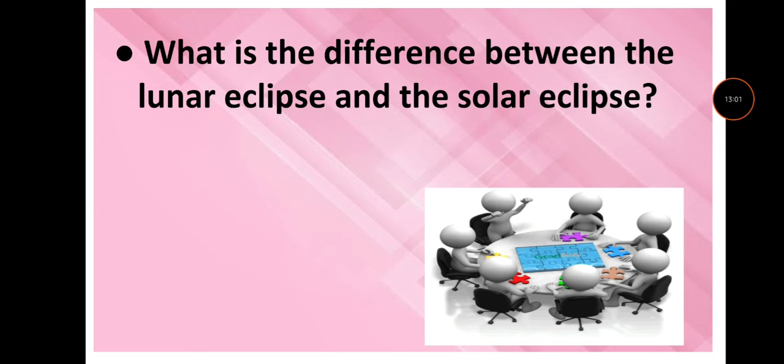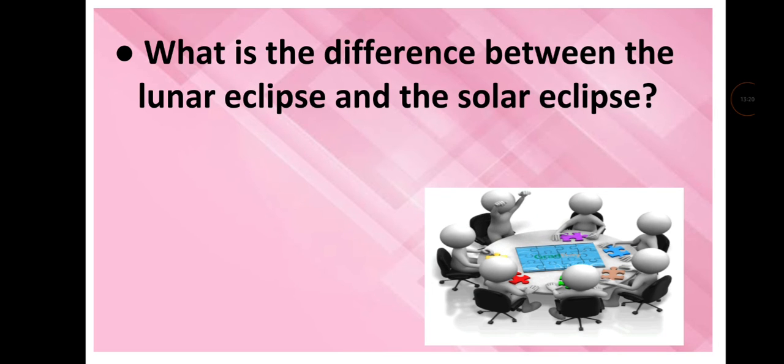When earth blocks the sunlight from reaching the moon, and moon doesn't shine on its own, so moon is present but we are not able to see it because the earth blocks the rays of the sun.